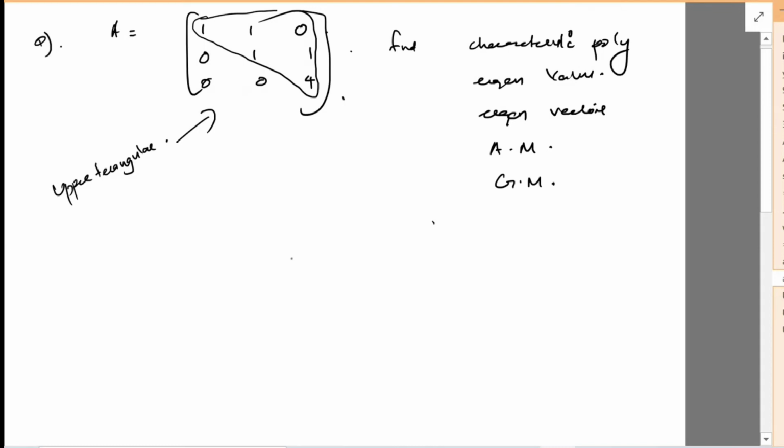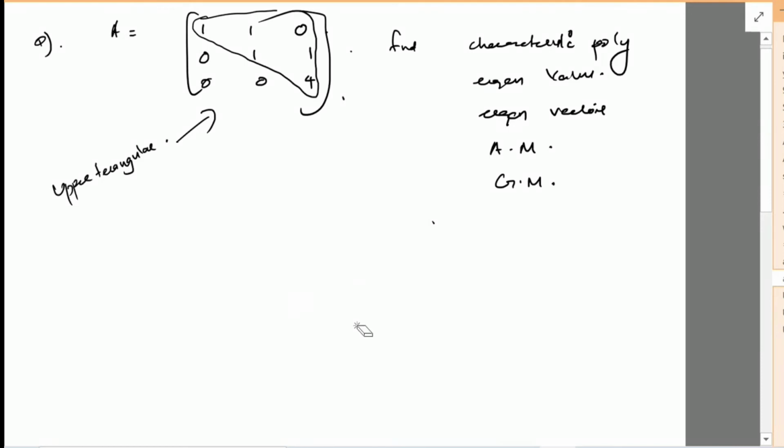And what is lower triangular? A matrix is said to be lower triangular if the entries above the diagonal are 0. If entries below the diagonal are 0, then it will be an upper triangular matrix.